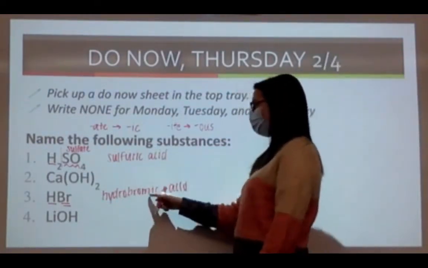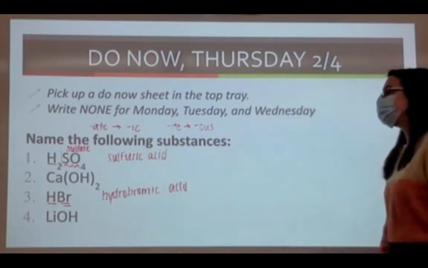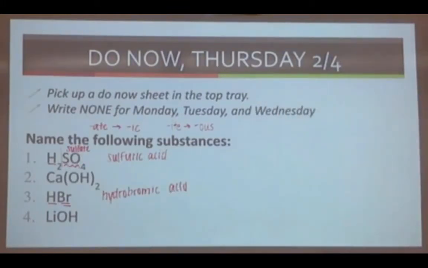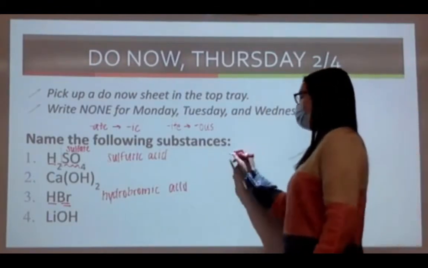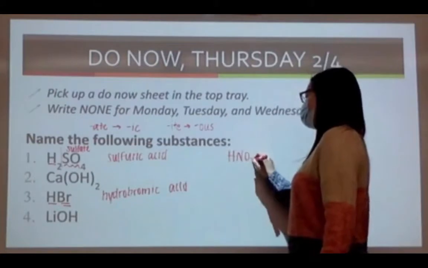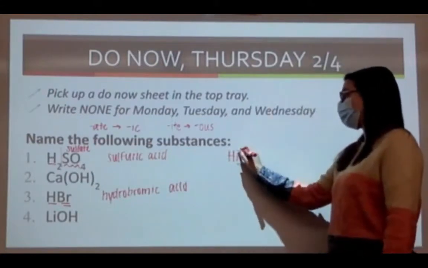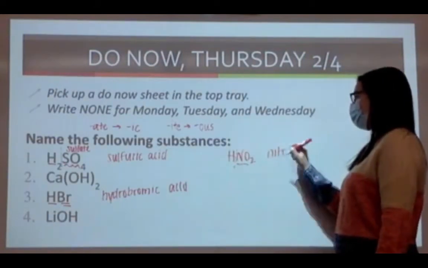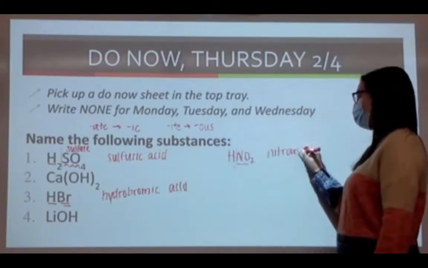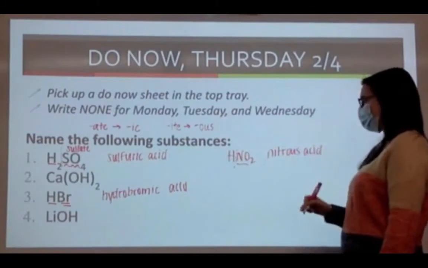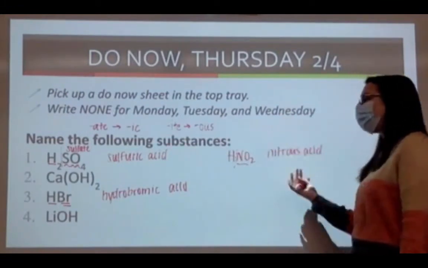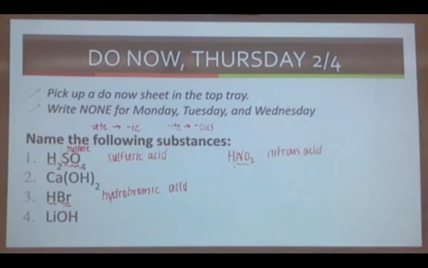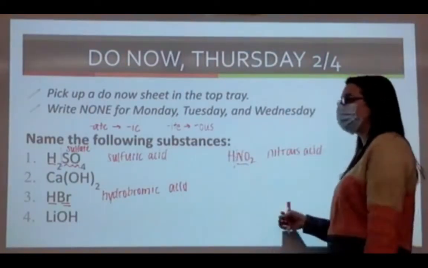Something like HNO2: NO2 is nitrite, so it's a polyatomic ion. Ite goes to ous, becomes nitrous acid. So that's naming acids, just so that if we see a substance in an example, we're able to name it.